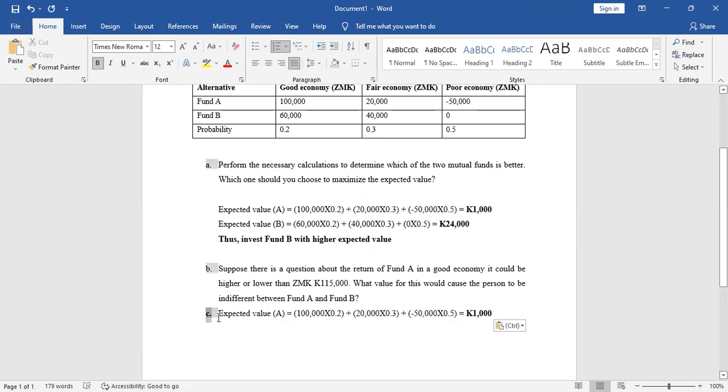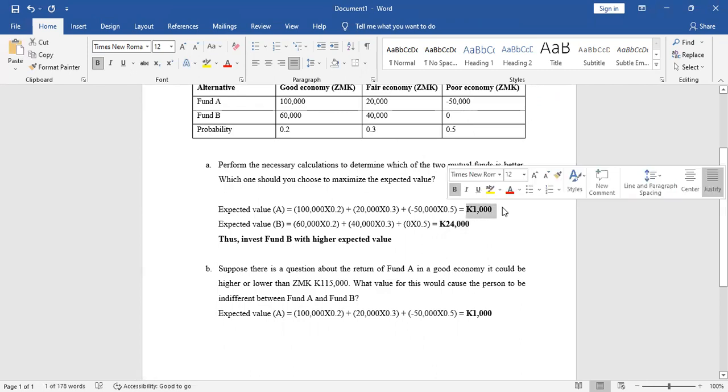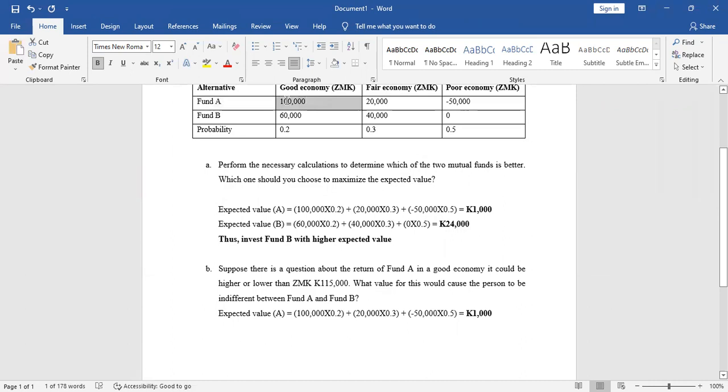Let me begin by reducing the value. No, I don't actually need to reduce. It would be a sheer waste of calculation, because Fund B already has 24,000 and Fund A has 1,000 there. So the idea is to increase Fund A. If I want to increase Fund A, I need to increase the amount in the good market, which is the 100.